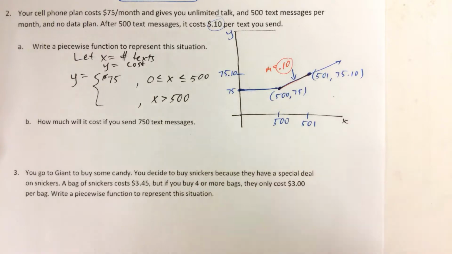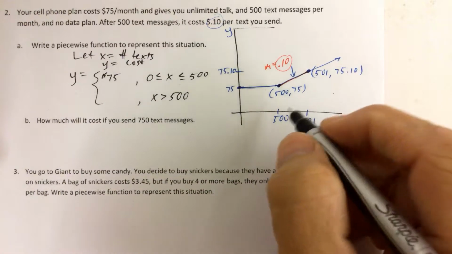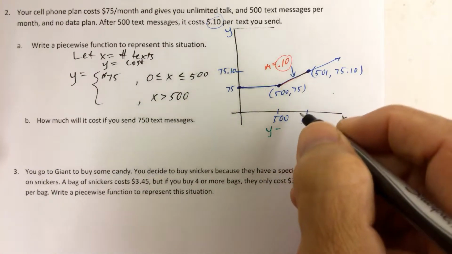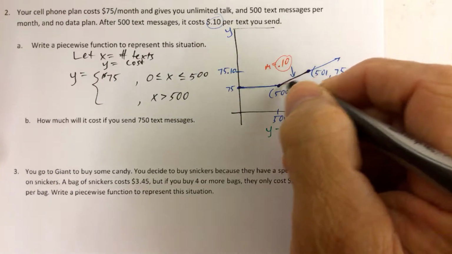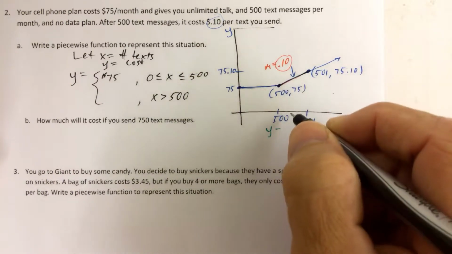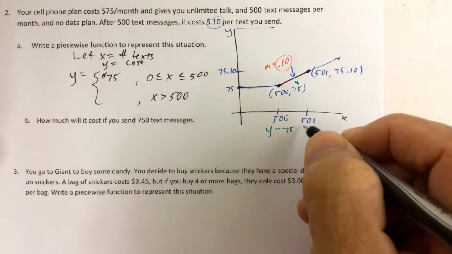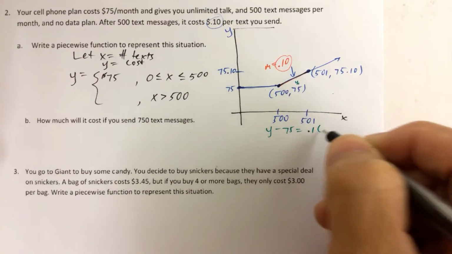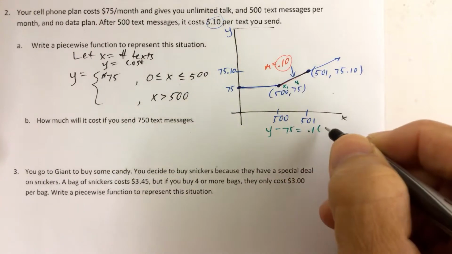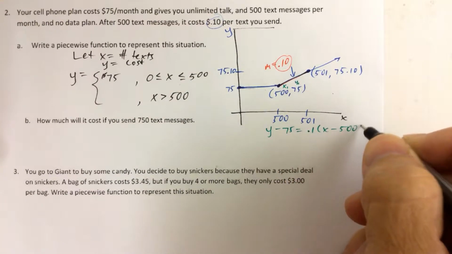But what we really want to find is the actual equation for this piece. The equation would be y minus y1, and we'll use 75 for y1, equals the slope, 0.1, times x minus x1, and x1 is 500.